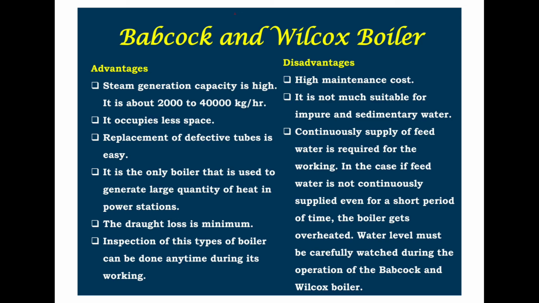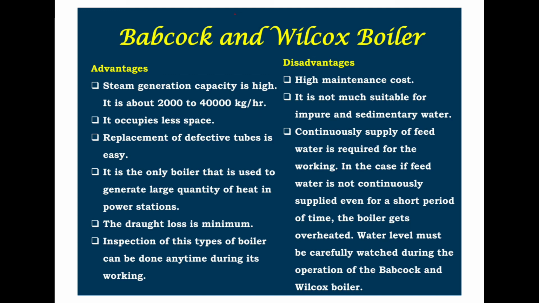It occupies less space. Replacement of a defective tube is easy. It is the only boiler that is used to generate a large quantity of heat in power stations. The draught loss is minimum. Inspection of this type of boiler can be done anytime during its working.